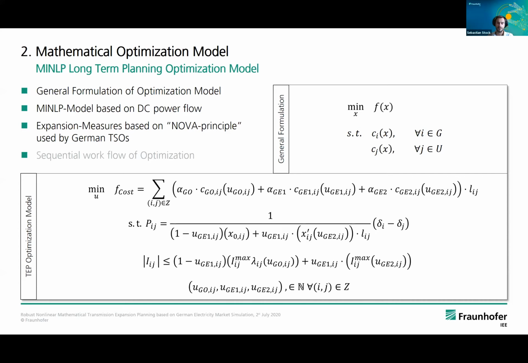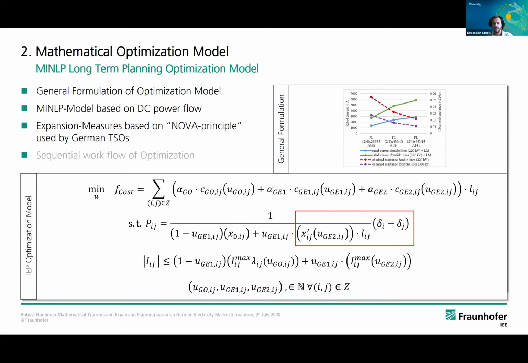This is mainly part of the paper, but maybe one question can arise here: why is it a mixed integer nonlinear problem when it's based on the DC power flow? This is due to the fact that we have a multiplication of variables in our problem.